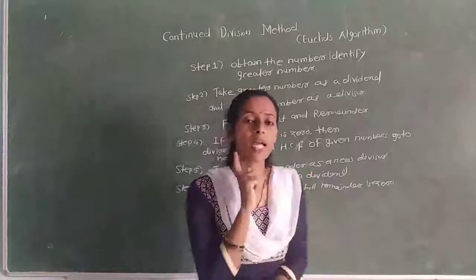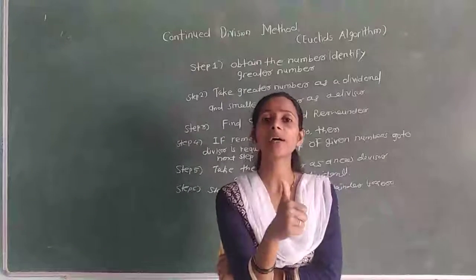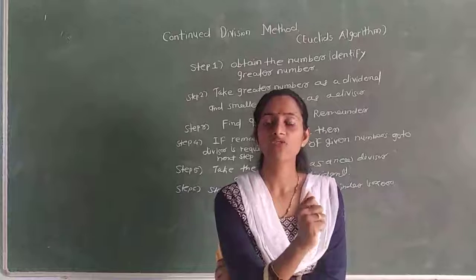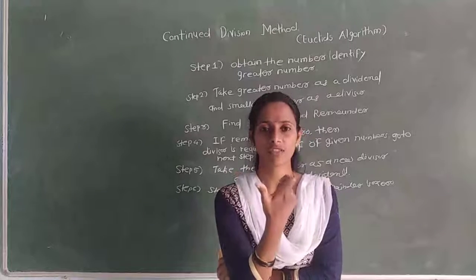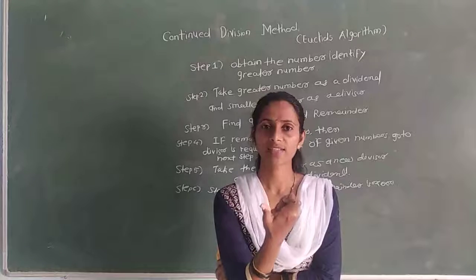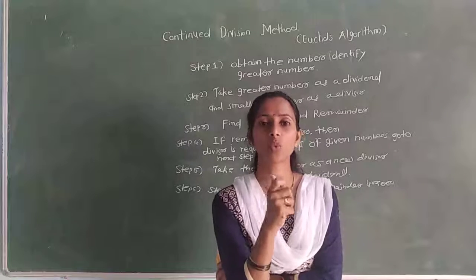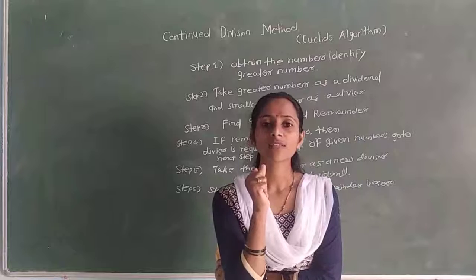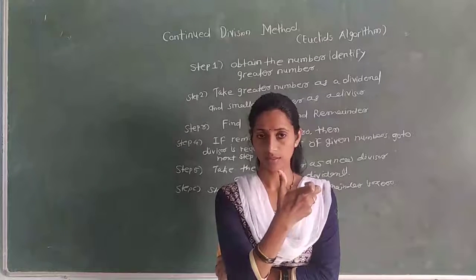First, obtain the numbers, identify the greater number, take the greater number as the dividend and the smaller number as the divisor. Next find the quotient and remainder. If the remainder is 0, then the divisor is the SCF.